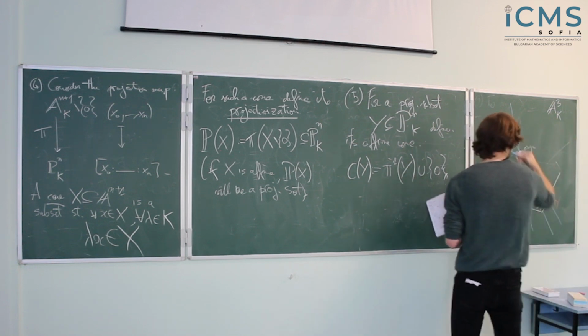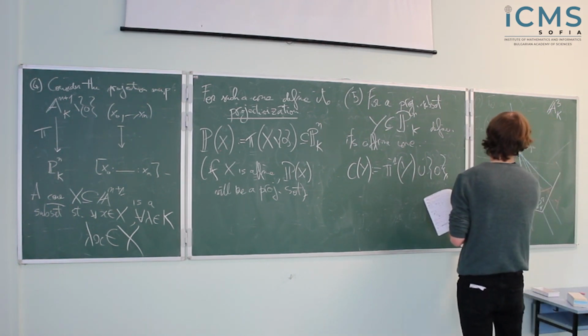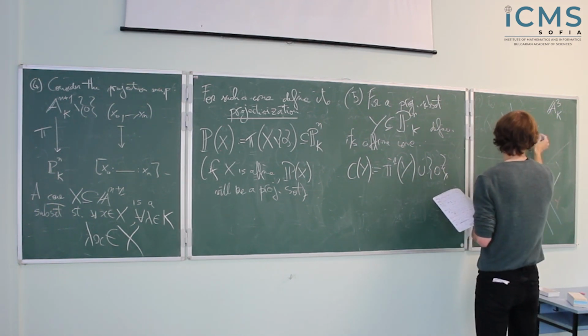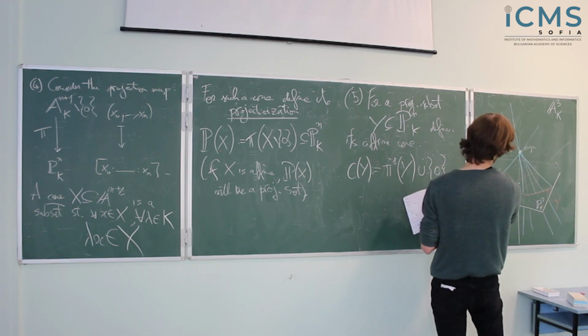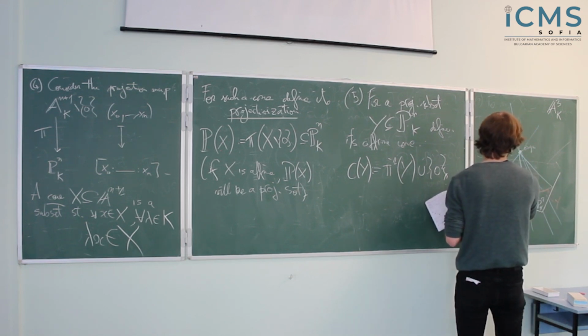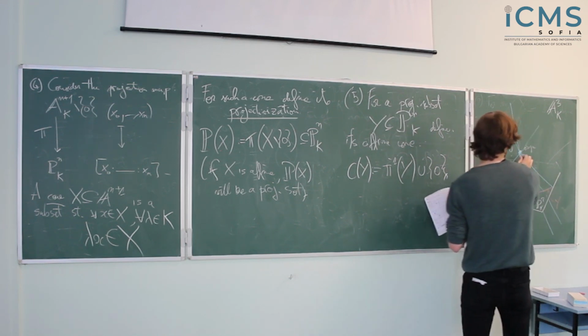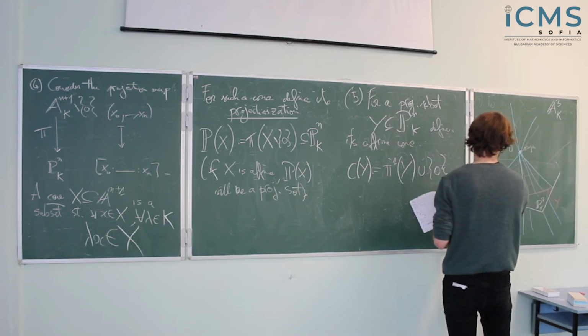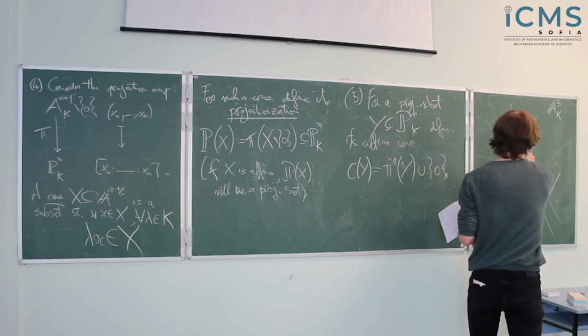You'll have points behind, you'll have points going forward. It's not tangent, that's just the way it's drawn. But then you have points which are behind as well, and so on and so forth.